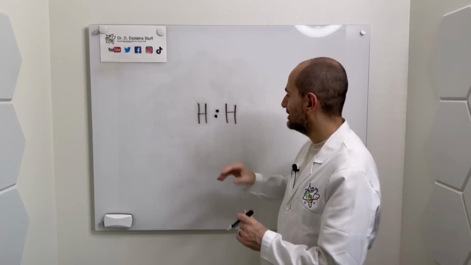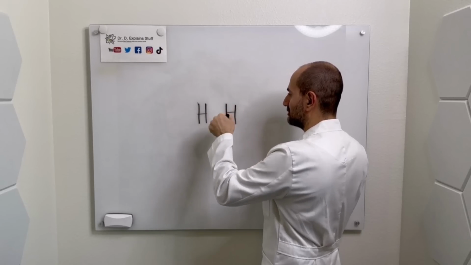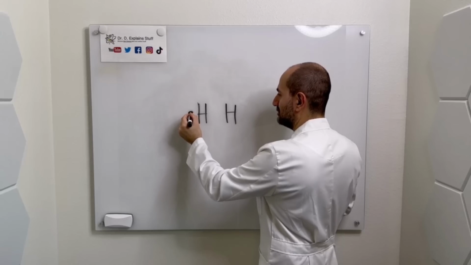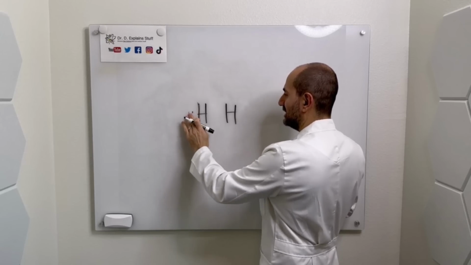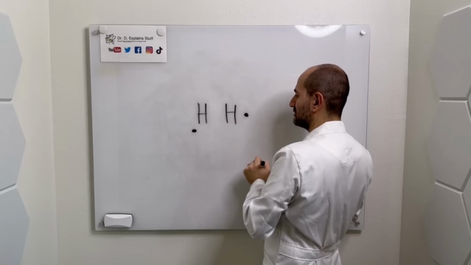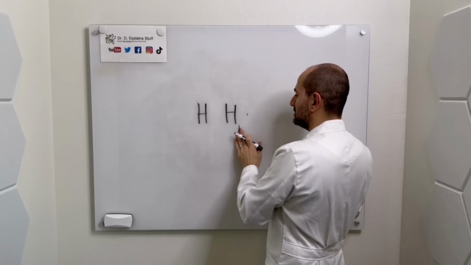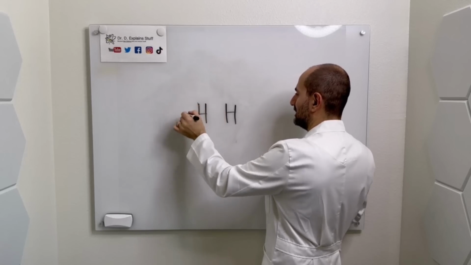The electrons can be anywhere in those orbitals, right? So both electrons could be here 1 second, then the next split second, 1 electron might be over here and 1 electron's over there. The next split second, both electrons are over here. So the electrons are pretty much anywhere in this cloud.